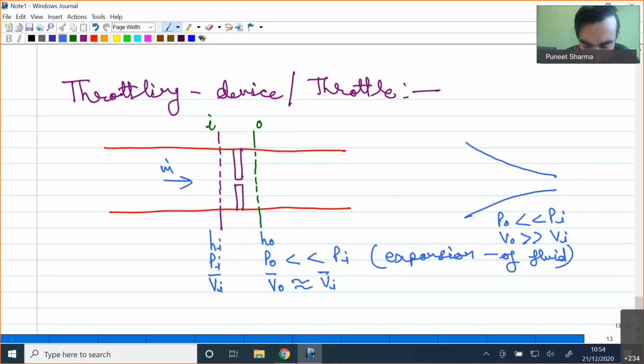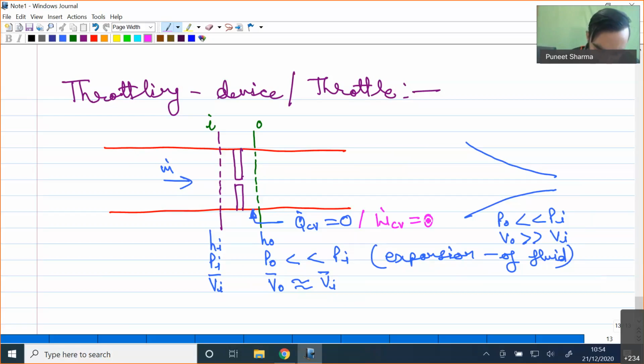Okay. In this particular type of case, the process will also be fast. Because of the fast or rapid nature of the process, Q CV equals 0, so the heat interaction is equal to 0. At the same time, we do not have any arrangement for producing work over here, so W dot CV will also be equal to 0.